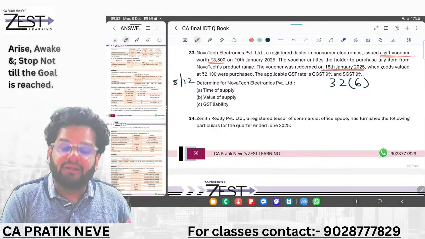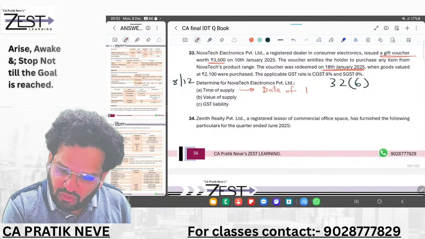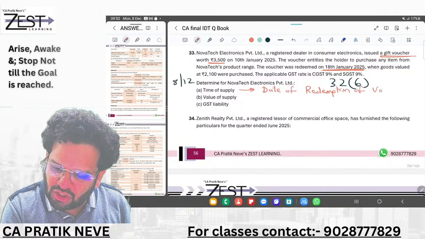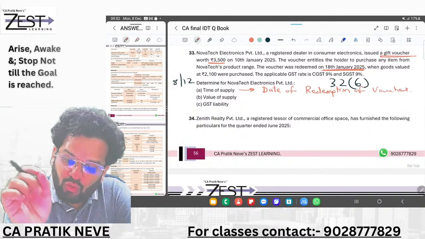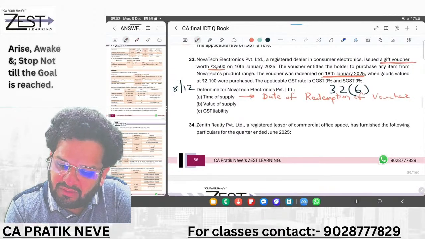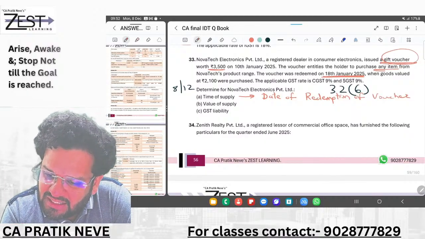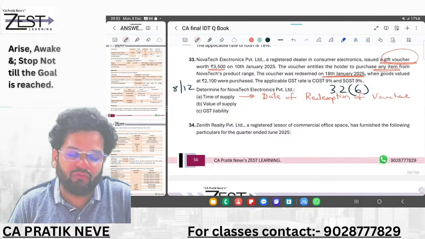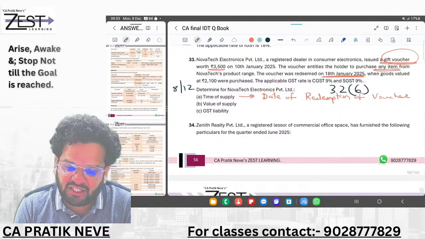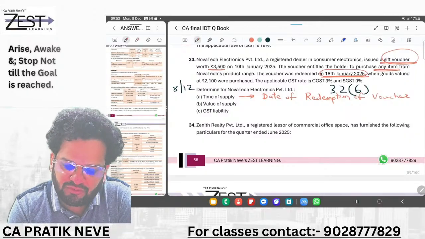So basically, here the time of supply is the date of redemption of the voucher, because Novatech is allowing redemption of the gift voucher against any item. So supply is not identifiable at the time of issue of the voucher. So the time of supply is the date of redemption. That's why 18 Jan 25 is the time of supply.